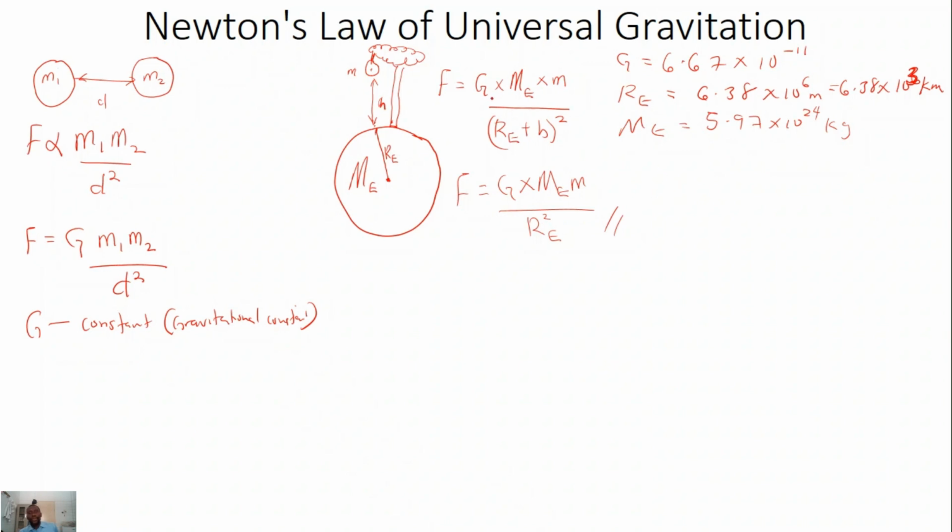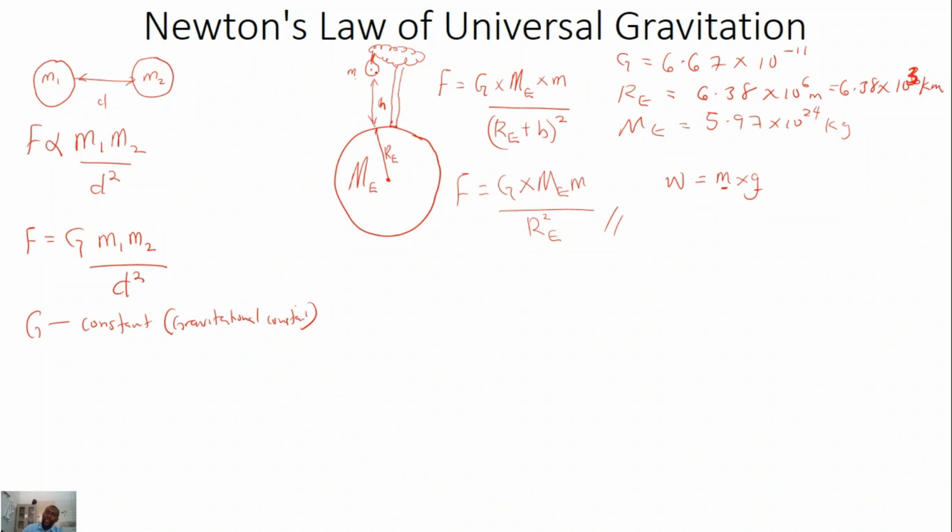Recall that the weight of a body of mass m, like this one, can be calculated using the formula m times g, where m is the mass of the body and g is the acceleration due to gravity.